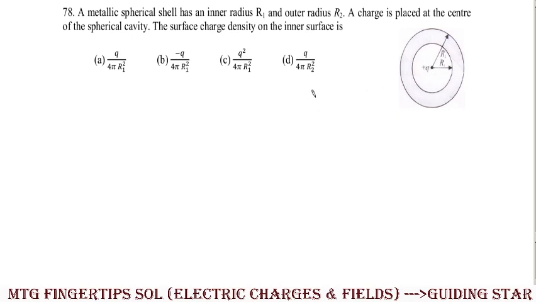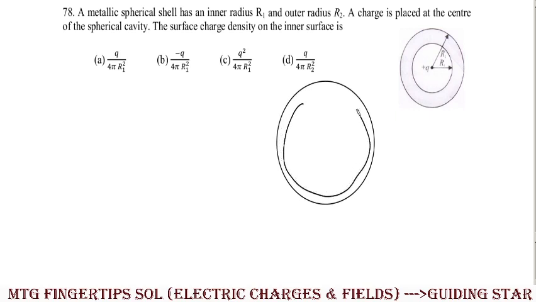So in this particular case a spherical shell is given to us. Suppose there is a spherical shell, and this is the center of the spherical shell, and at the center a positive charge is present. Inner and outer radius are given.